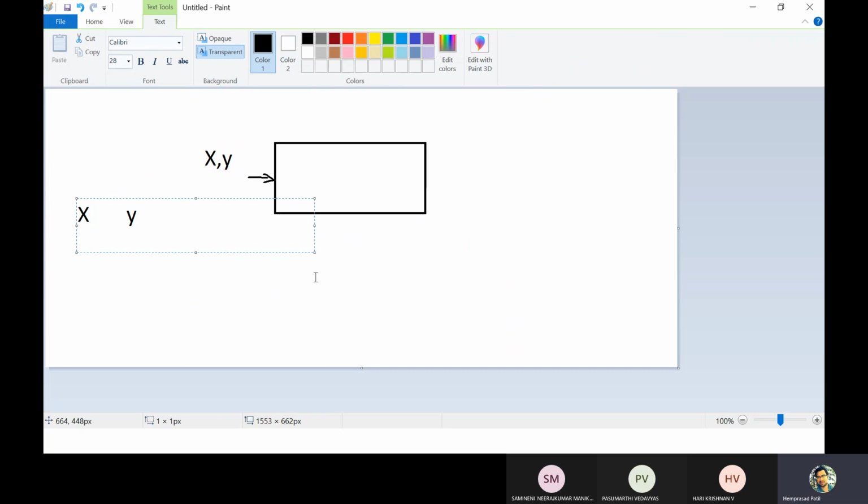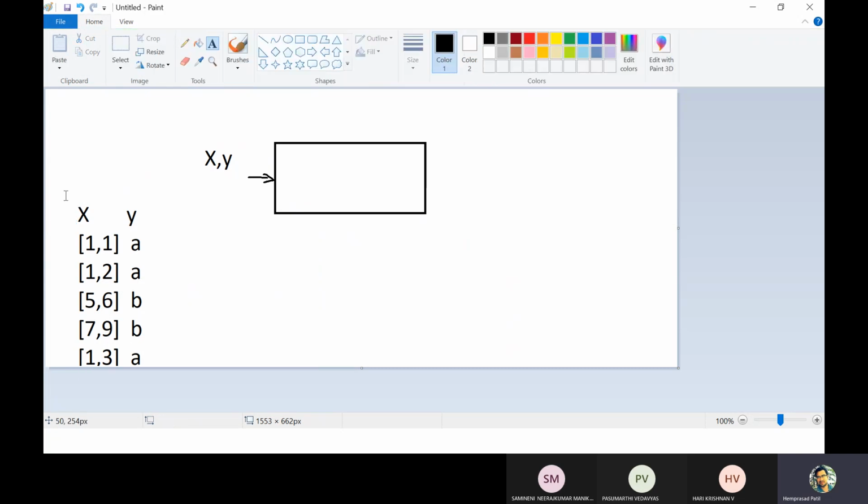So in X we have 1, comma, and Y is A. 1, comma 2, Y is A. 3, comma 6, Y is B. 9, Y is B. Here A. Okay, so this data along with labels, this entire thing is provided to this model.